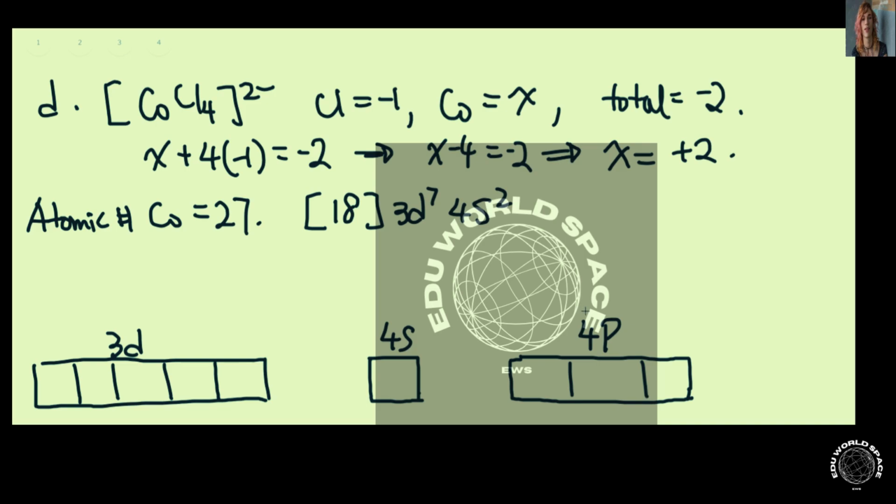All right, so 7 electrons in d orbital, 1, 2, 3, 4, 5, 6, 7, and 2 electrons in 4s orbital. All right, so cobalt 2 plus, it will lose 2 of the outermost electrons and leave the electron configuration as [Ar] 3d7. So these 2 electrons have been moved up.